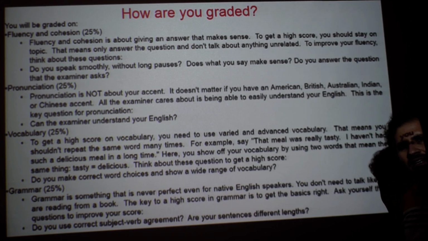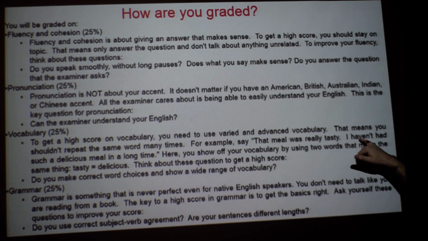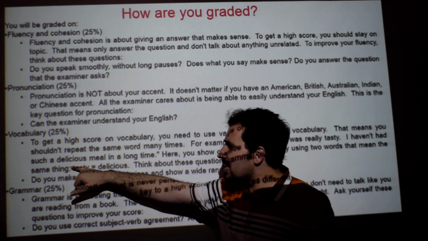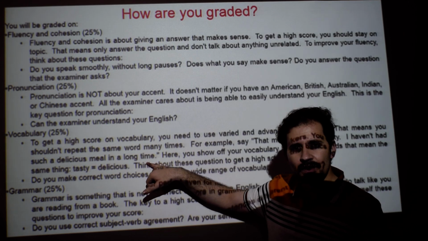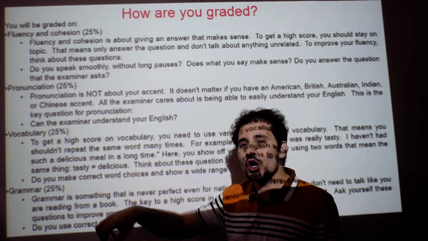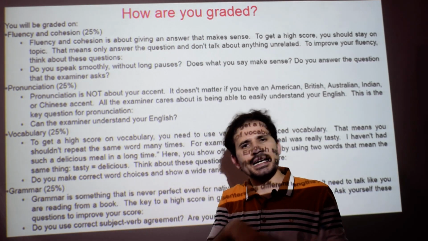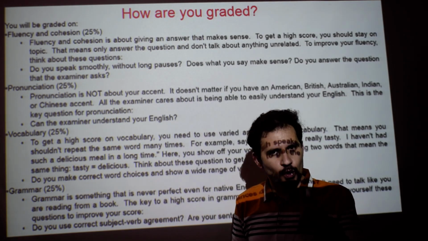So how can you make it a wide range? In place of tasty, I can say, I haven't had such a delicious meal in a long time. Once I have used tasty, and if I want to talk again, I use the word delicious. So I cannot repeat myself again and again with the same word.